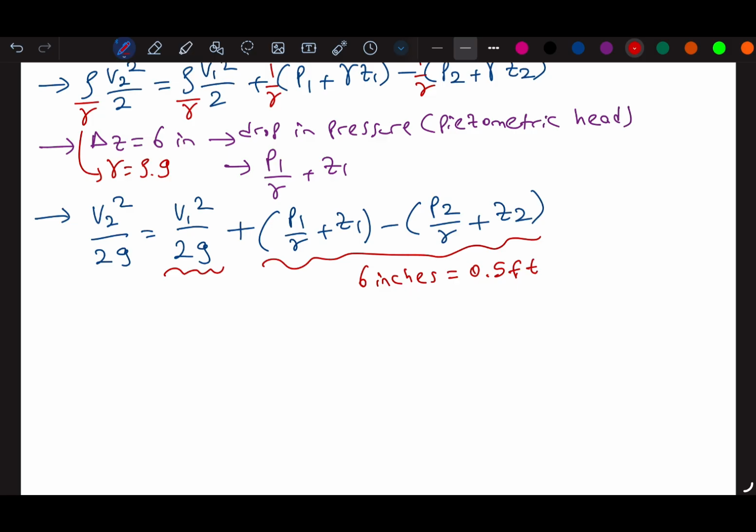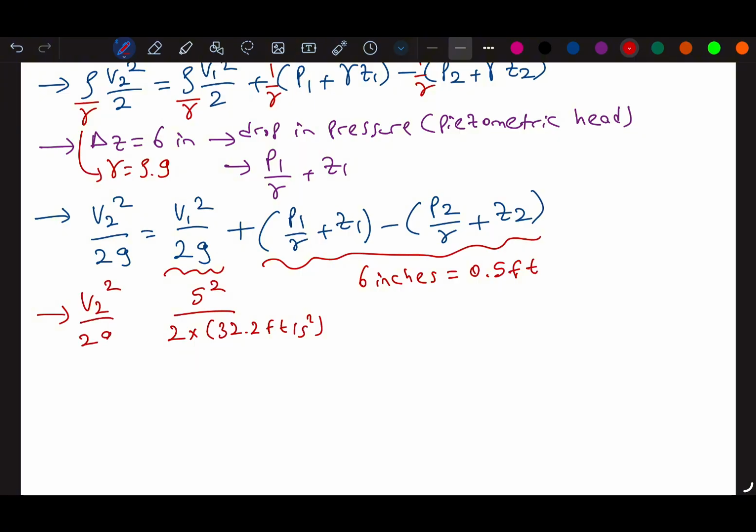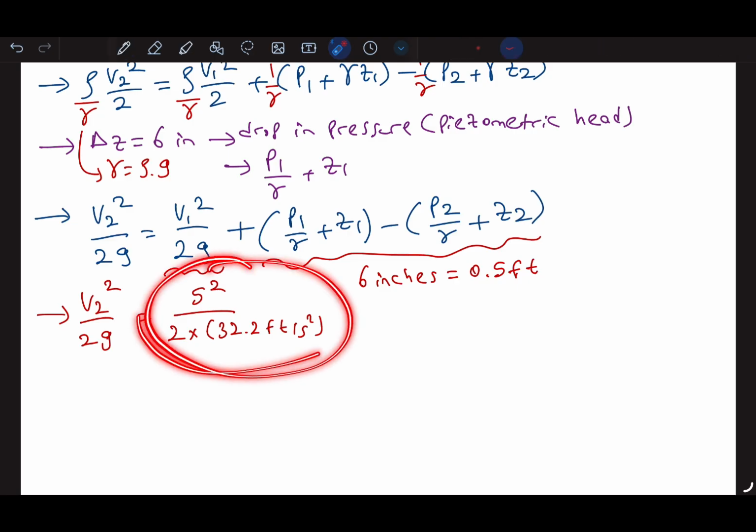And since we already know V1, this is 5 square over 2 times 32.2 feet per second square. So V2 square over 2G is equal to this term plus 0.5.